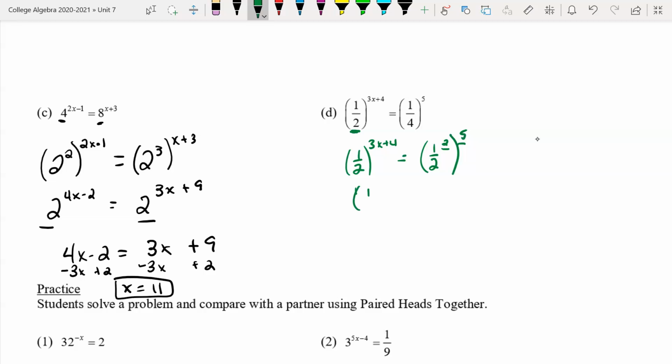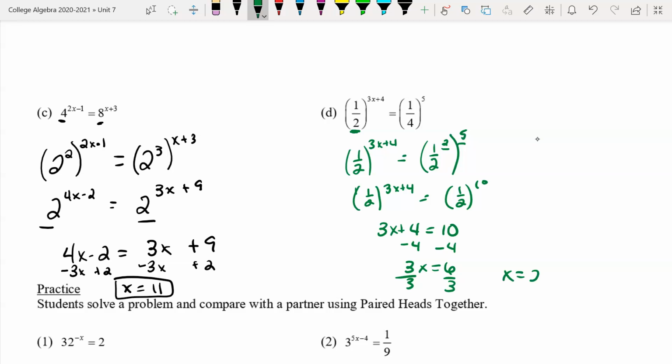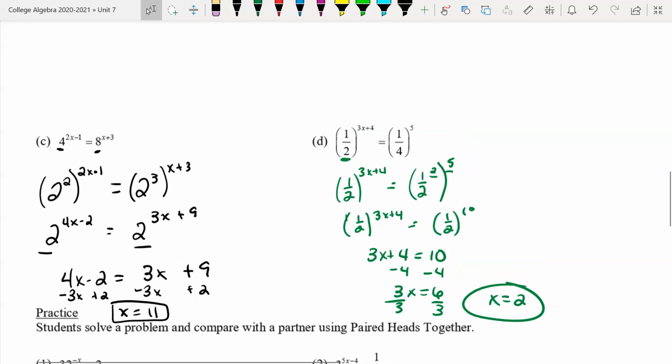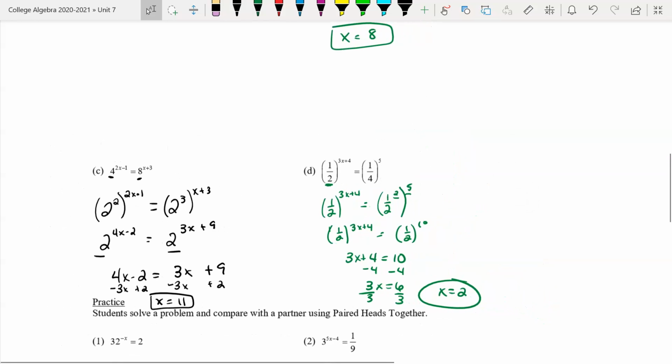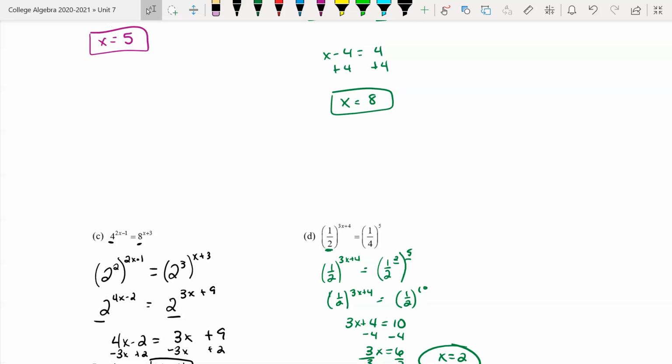I'm going to say 1/2 to the 3x plus 4 equals 1/2 to the 10th power. So then I have 3x plus 4 equals 10. Subtract 4. Divide by 3. x equals 2. So that's really all this lesson is, just solving elementary problems. And a lot of it's just rewriting the base.